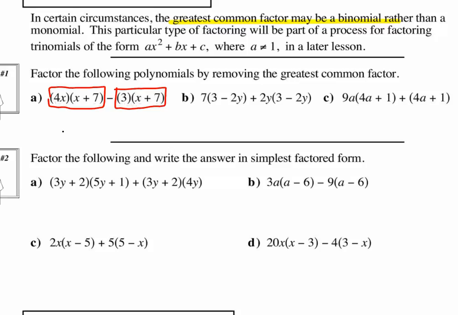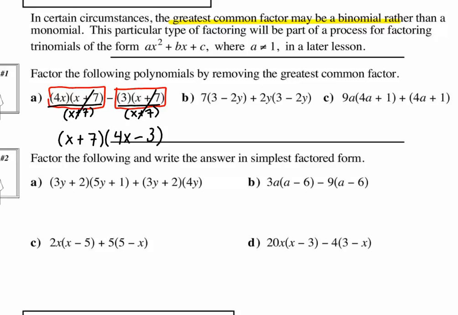So we are actually going to factor out x plus 7. And when we factor out a number, we divide each of those terms by the GCF. So when I factor x plus 7 out, please pay attention to this because it's really weird. What's left over? A 4x, no, not plus, minus a 3. And that's it. Now you're done.